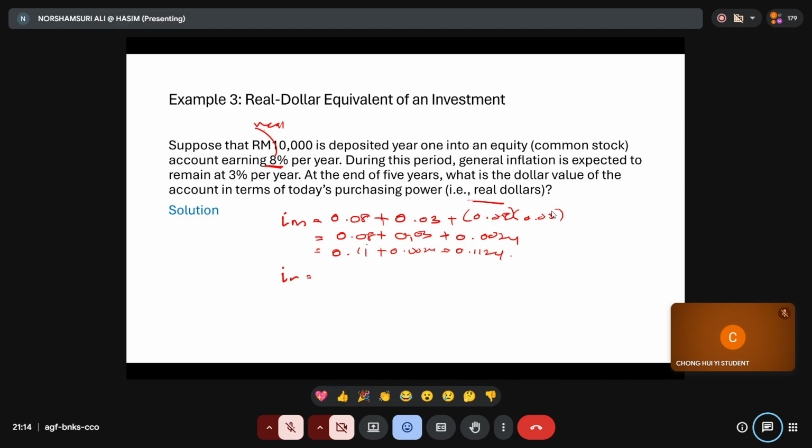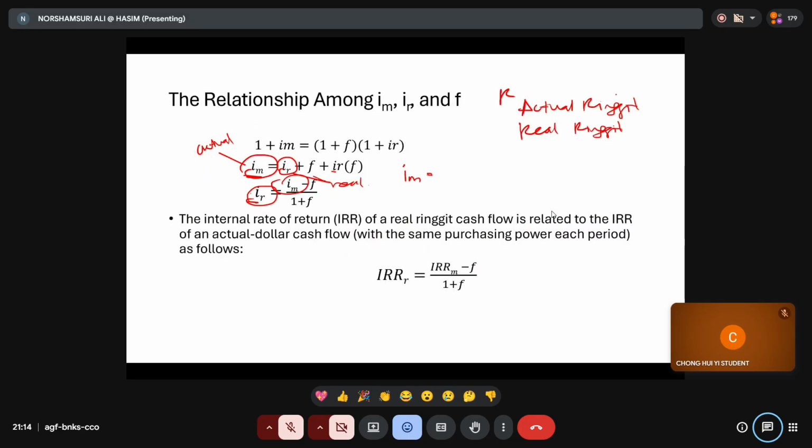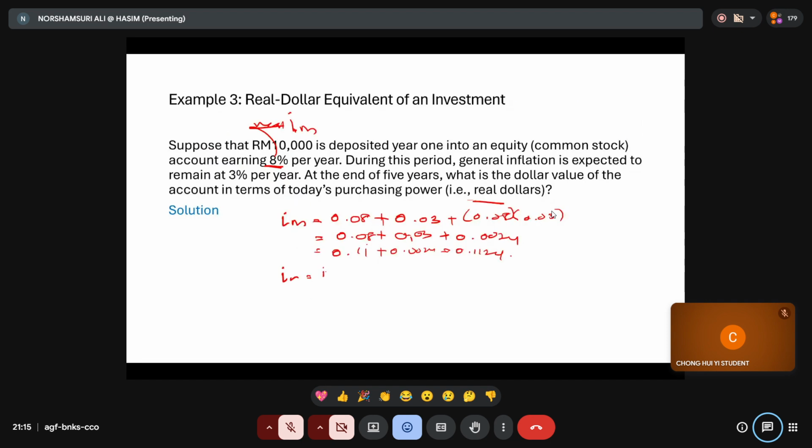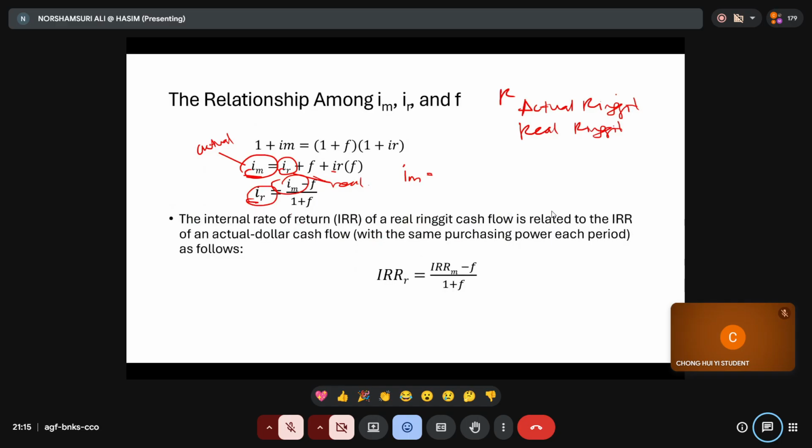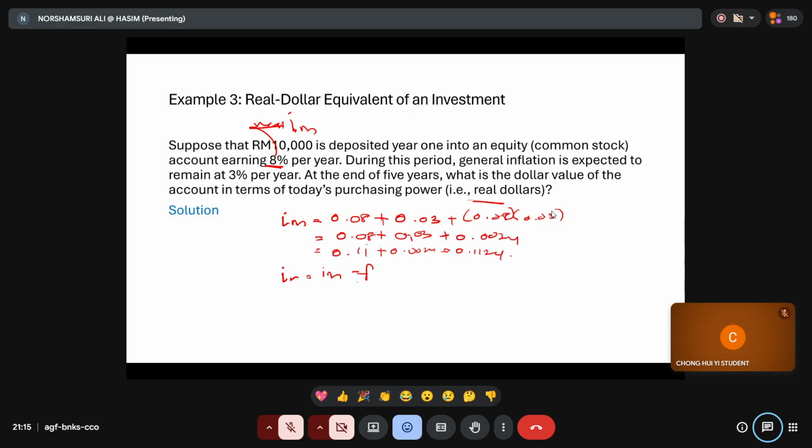But for the market one, this I market, based on this question, I real is I market minus the inflation over 1 plus the inflation. So I market is 0.08 minus 0.03 divided by 1 plus 0.03.